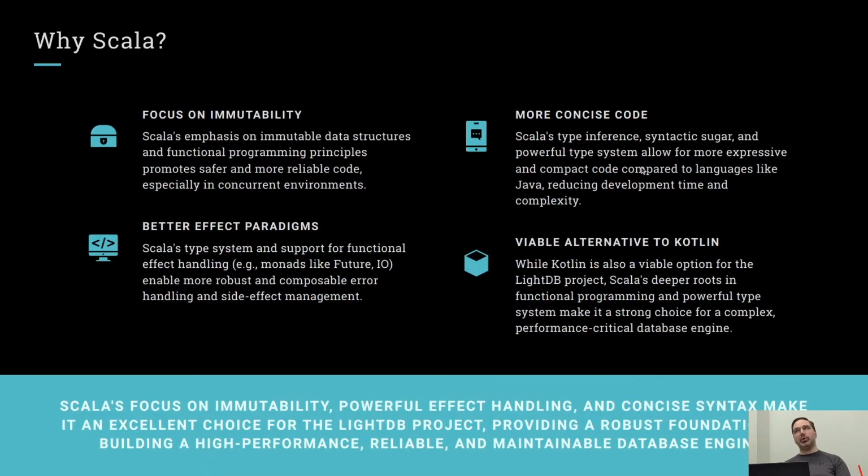But I do say Kotlin has come a long way and has a lot of features. One of the cool things about Scala that I think surpasses most languages is the macros or meta capabilities of the language. For example, I have a JSON library that I wrote that at compile time introspects your classes and generates the code to map to them.